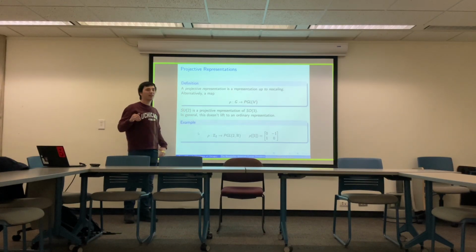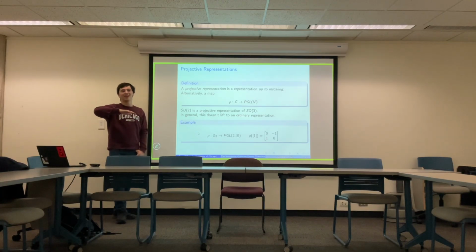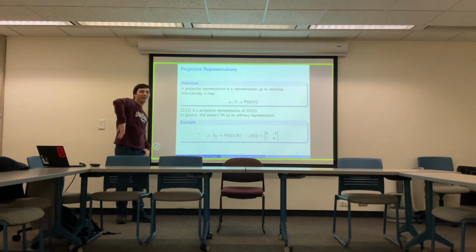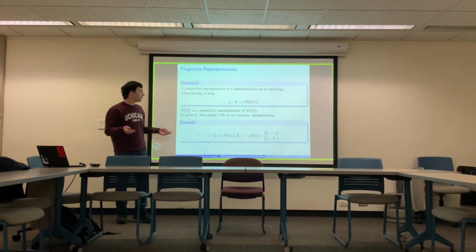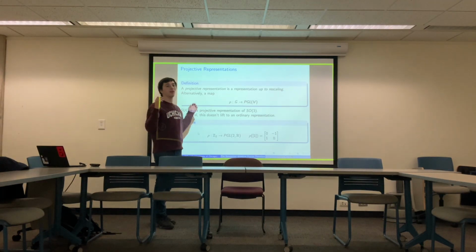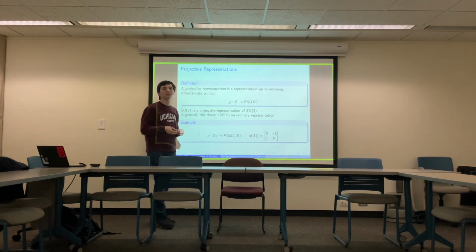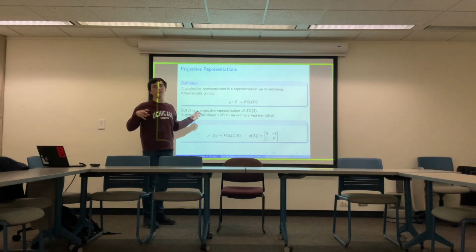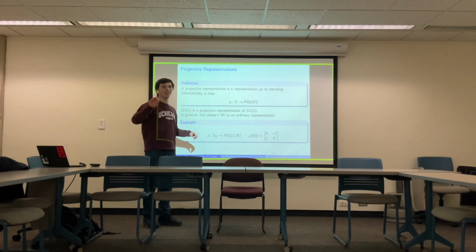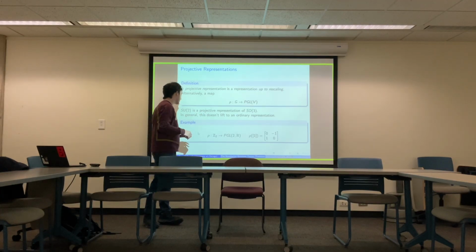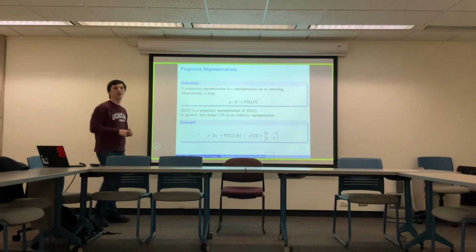But if you instead think about lines through the origin, you have a horizontal line, then a vertical line, and then you're back to the horizontal line again. If you work in this projective space, where you're thinking about matrices up to rescaling, which is the same as these lines because you can rescale things within one line, then you do have this projective representation.